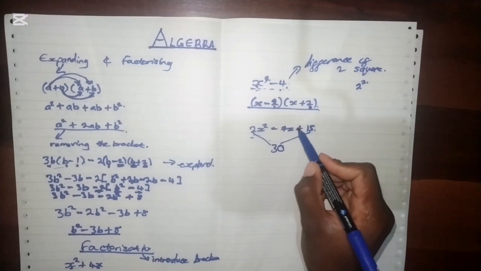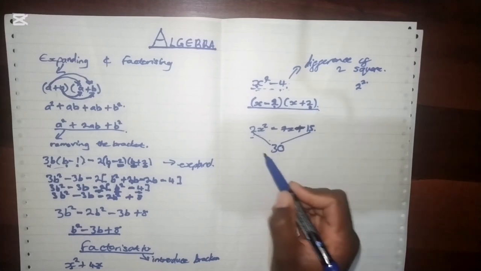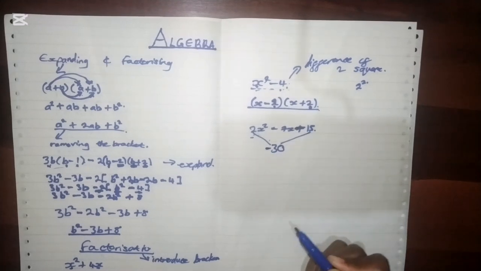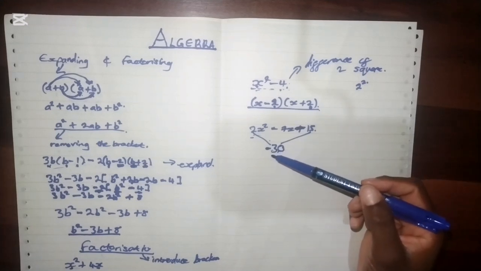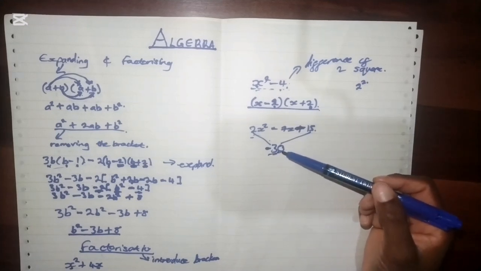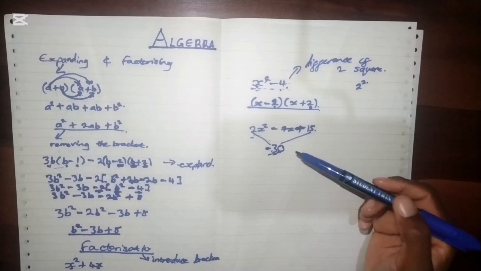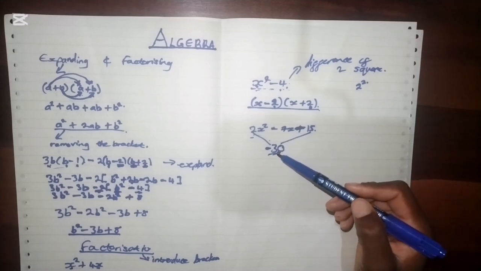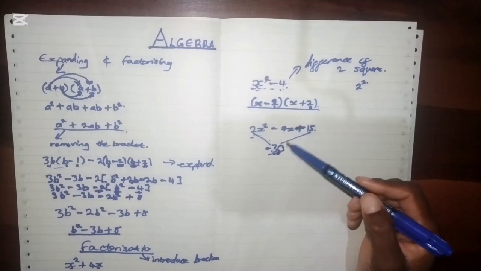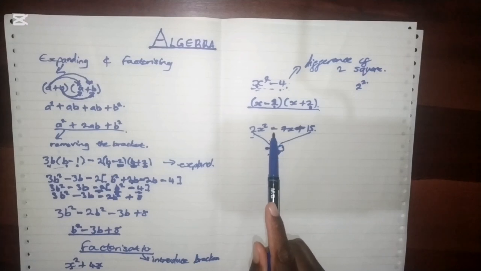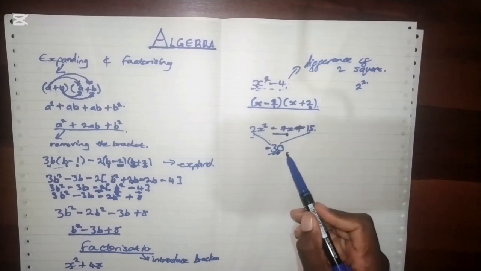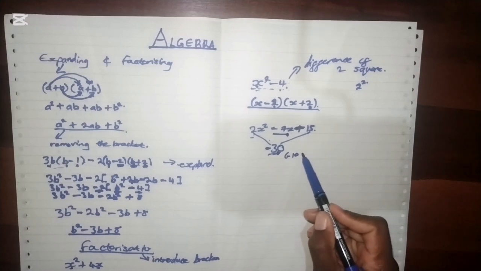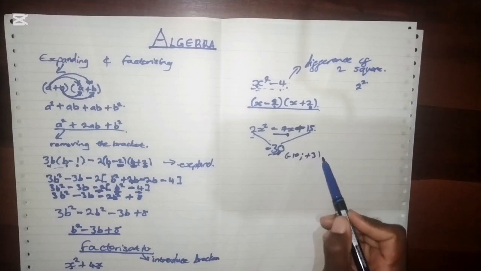Oh, by the way, it's negative 15 here, so it's going to be negative 30. Now I have a negative 30. We're going to look for factors of negative 30 that, when we add them, are going to give us negative 7. Those factors are negative 10 and positive 3.